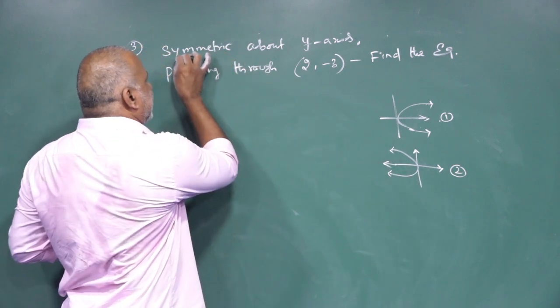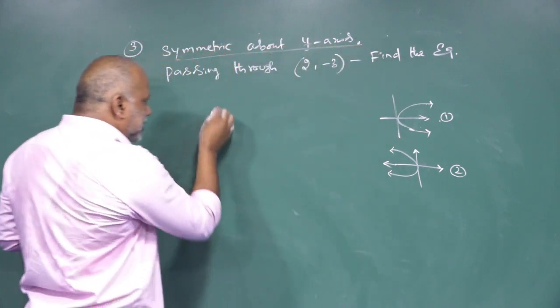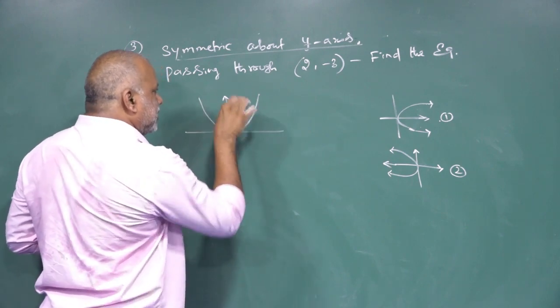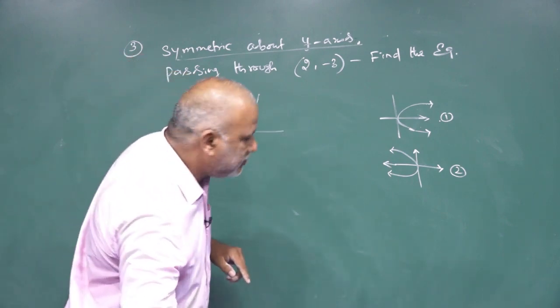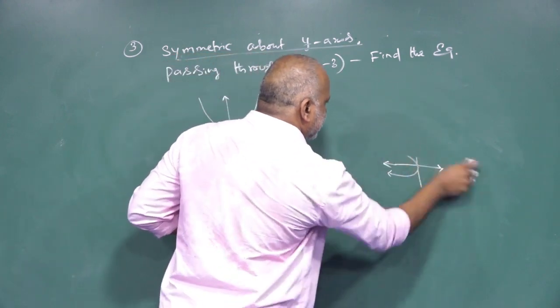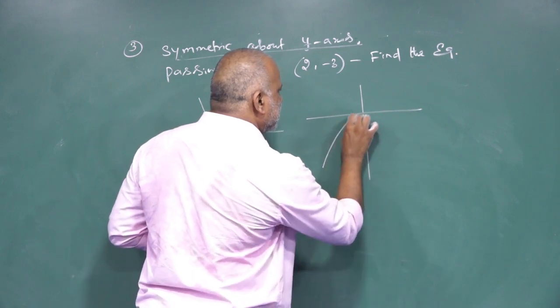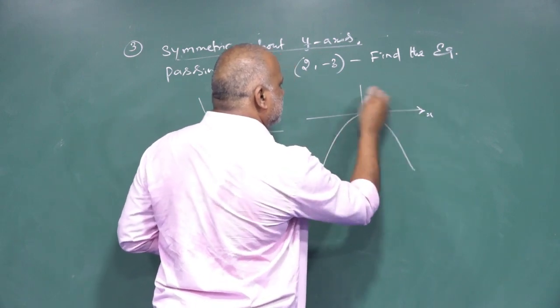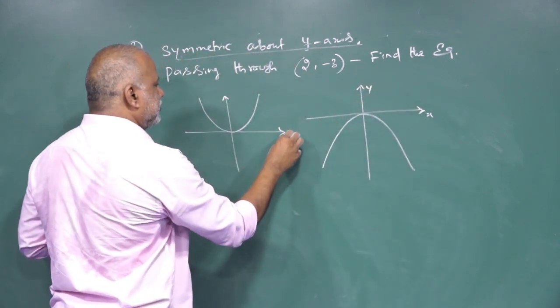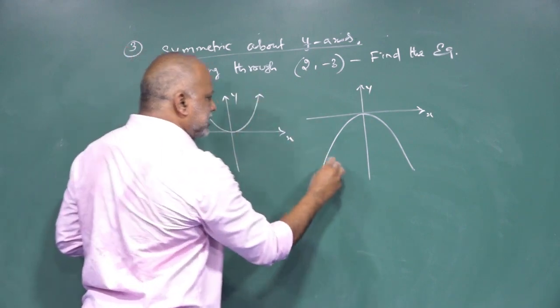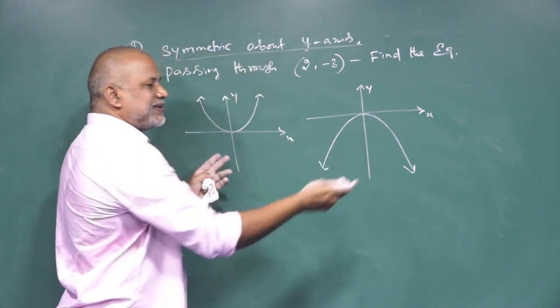Now the given data is symmetrical about y-axis. Just recall your ideas. This is type number 3. Now work out type number 4. See these two diagrams. This is symmetrical about y-axis.